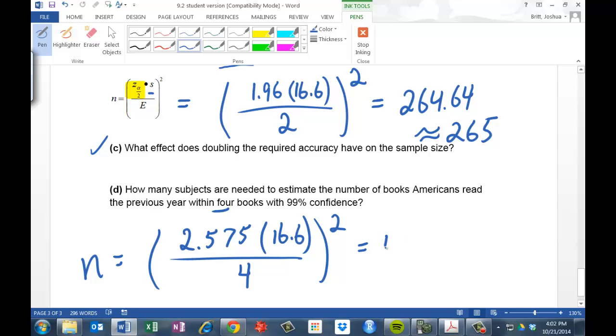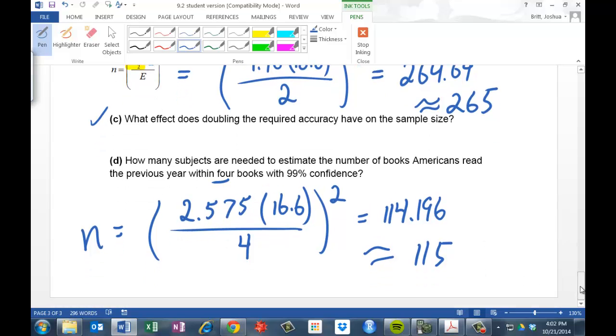Okay, I got 114.196. So approximately, round up again, 115 individuals. Okay, that's 9.2. We'll see you next time.